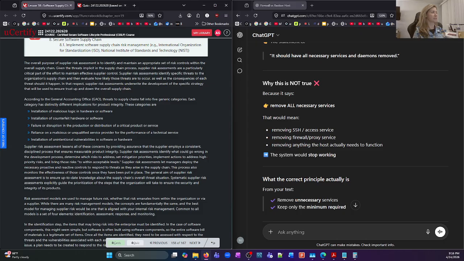Supplier risk assessments identify specific threats to the organization's supply chain and then evaluate how likely those threats are to occur, as well as the consequences of each threat should it happen. In that respect, supplier risk assessments underwrite the development of the specific strategy that will be used to ensure trust up and down the overall supply chain.